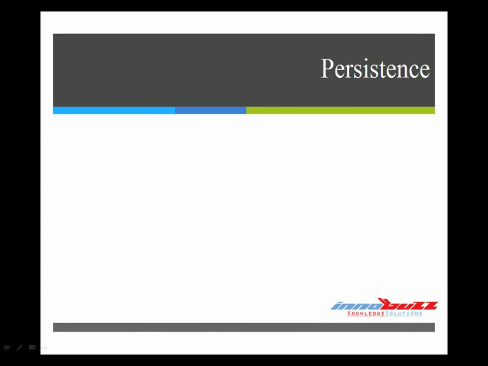In Java, there are different ways to perform some kind of persistence. For example, we can write out our data into a file. But the most frequent way to do this task is to store it in a database, especially in a relational database.